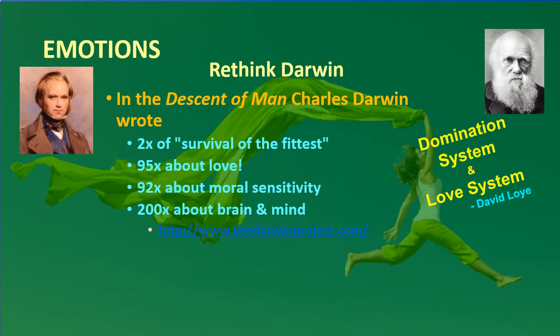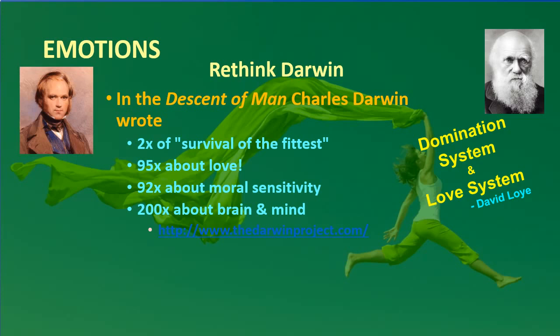And what they're saying is that the survival of the fittest is a domination system. One thing is better than another thing, is stronger than another thing, and so forth. And that is the opposite of a love system where people are egalitarian, take care of each other, have moral sensitivity, and care.